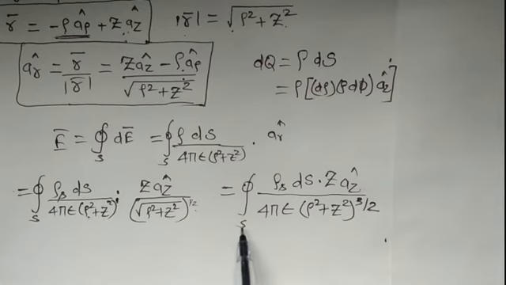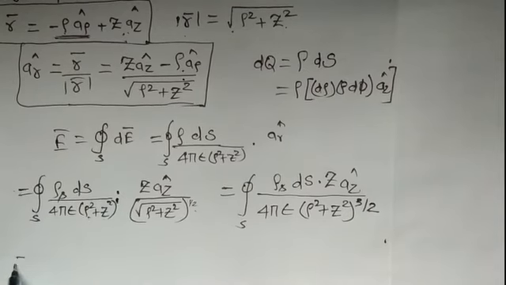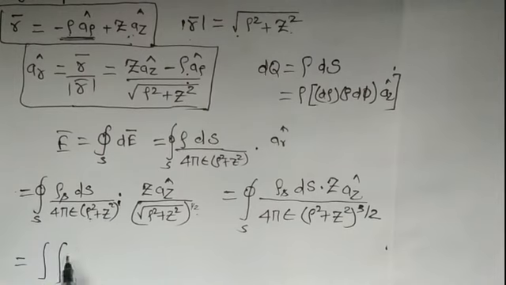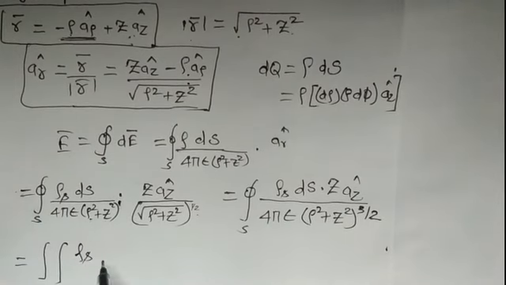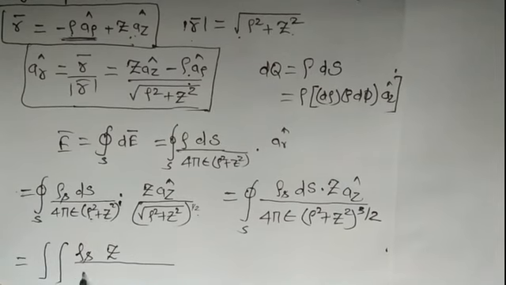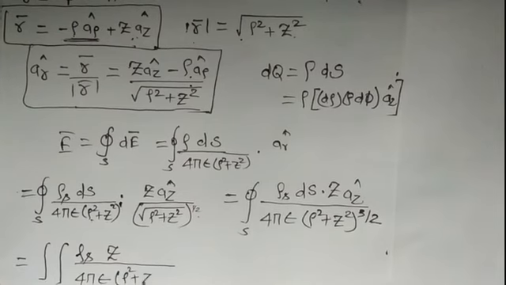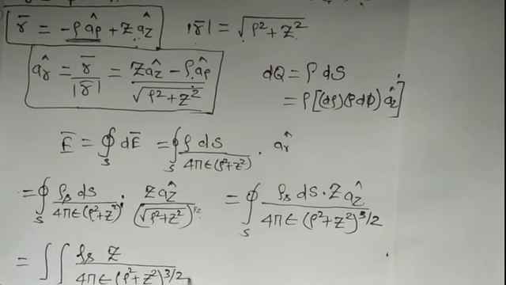Now we know that the surface integral means a double integral like this. So I am now writing it as rho s into z divided by 4 pi epsilon into rho square plus z square raised to the power of 3 by 2.